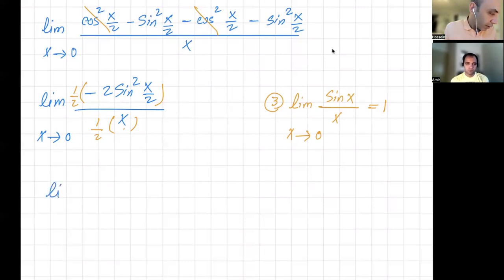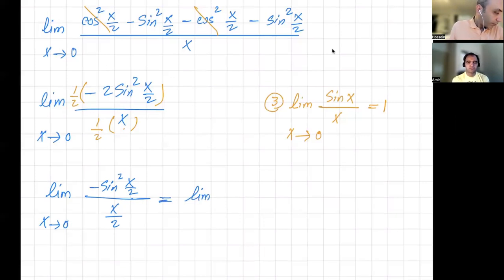So let me rewrite the limit. On the numerator, I'm going to have negative sine squared of x over 2. I'm going to leave it like this, and then use another step to divide it into sine times sine. On the denominator, I have x over 2 when x is approaching 0, and as you said, don't forget you have 1/2. Okay, you cancel the 2s. Right here I canceled this 2 and this 2. That's correct. So I'm going to rewrite the limit again.